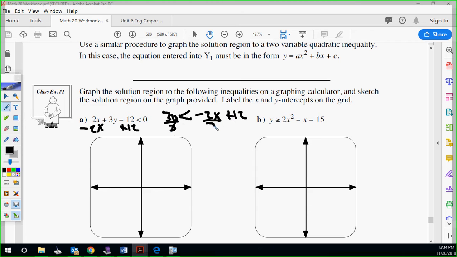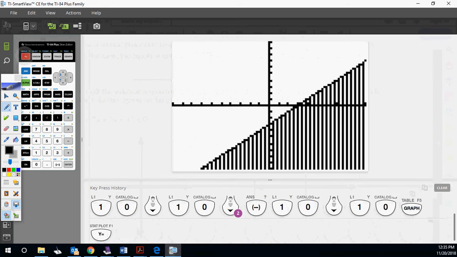Divide by 3. y is less than negative 2/3 x plus 4. Negative 2/3 x plus 4 is what I'm putting into my calculator. So we can do both of these now. We'll do b second here.